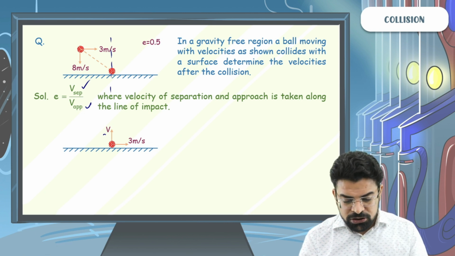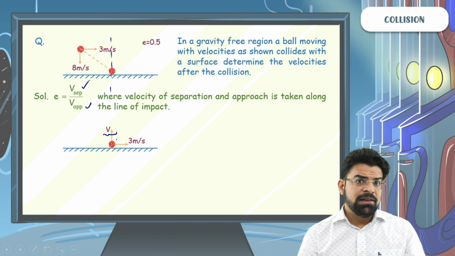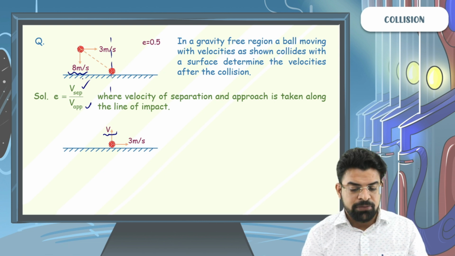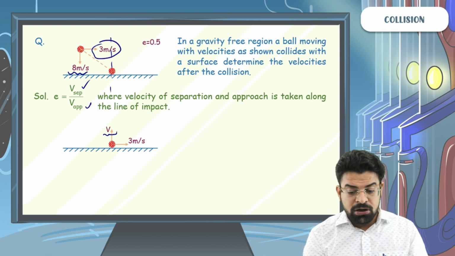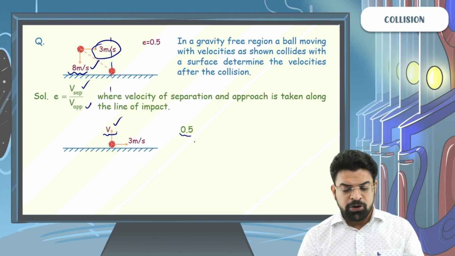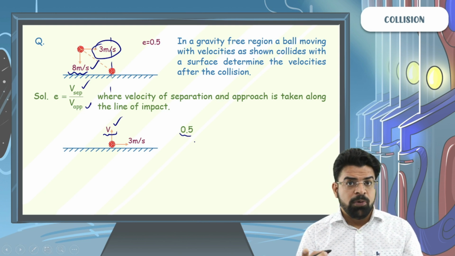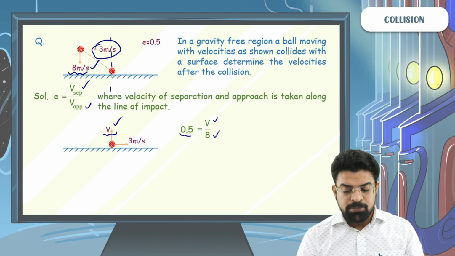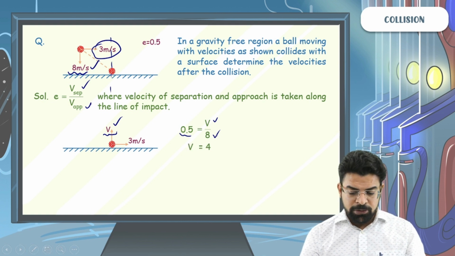So you will say velocity of separation will be v, while the velocity of approach will be 8, not 3. 3 is not in the direction of line of impact, 8 is, and similarly v is. So you will say coefficient of restitution 0.5 equals velocity of separation upon velocity of approach, that will be v by 8. So v comes out to be equal to 4.